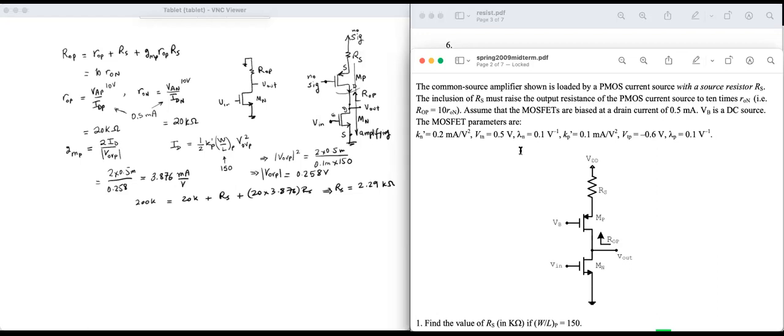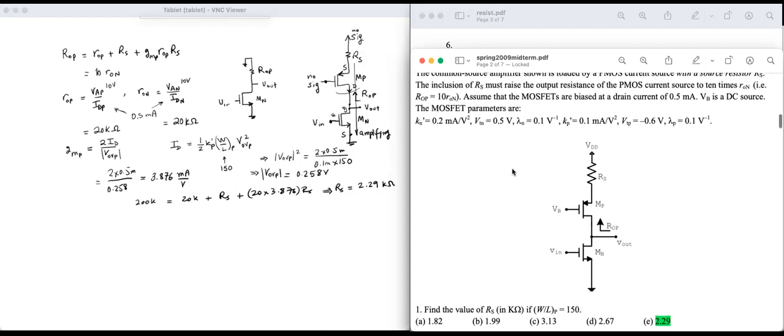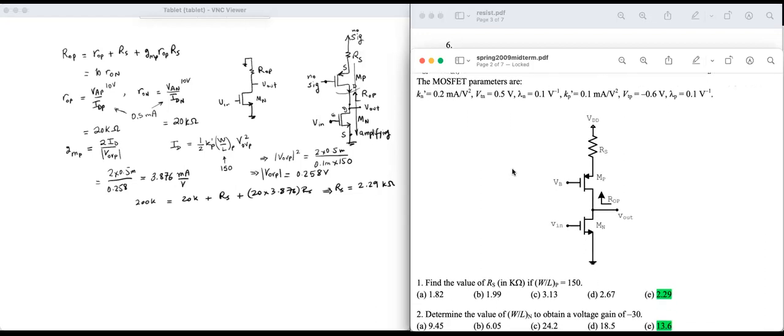We add a 2K resistor, and the resistance seen looking into the drain of the P MOSFET would increase from 20 to 200. That's a pretty good deal. And that's the value of RS that we will need to get this. And let's verify. In fact, it's 2.29 kilo ohms.